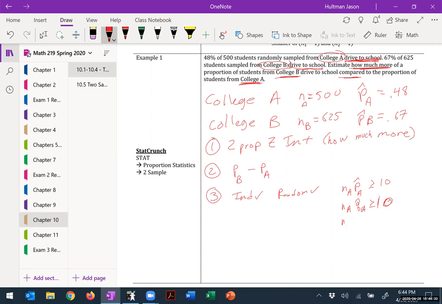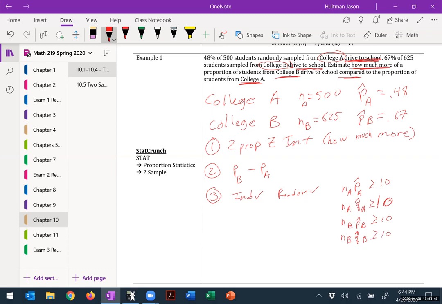Is NB times P hat B greater than or equal to 10? And is NB times Q hat B greater than or equal to 10?